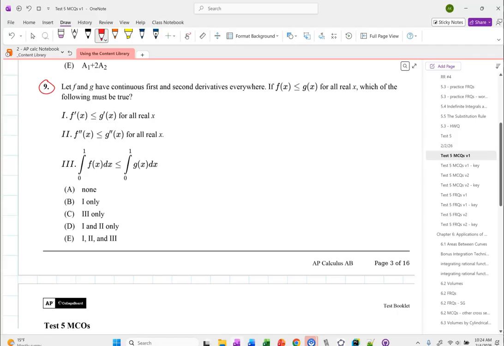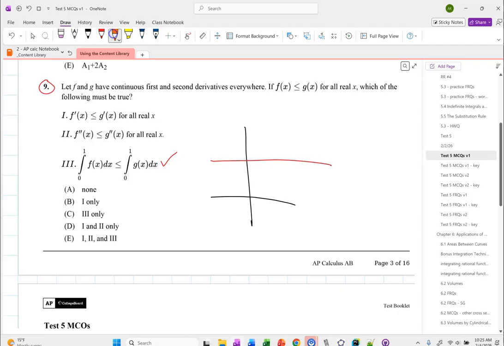It's about a bunch of things. F is less than G. Well, this is definitely true, right? That's a property. So for sure, it can only be C or E. I mean, just think about what the picture would look like.